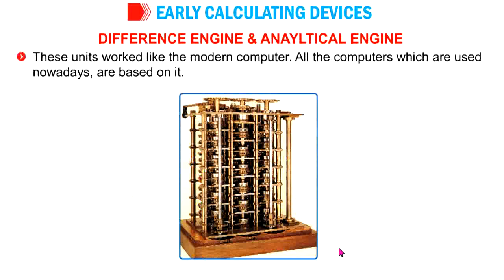And the analytical engine was the first general purpose computer in the world. The analytical engine had the same basic elements as modern computers, like input, output and even memory devices.